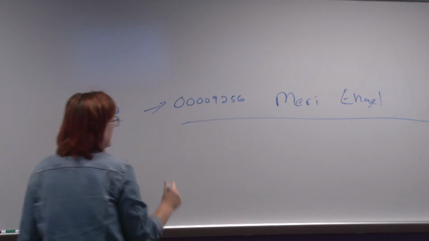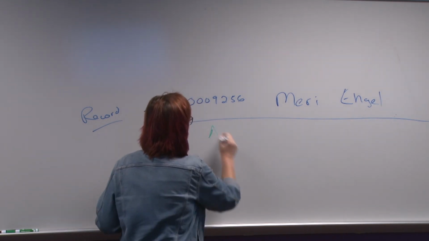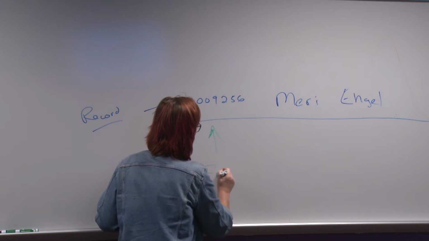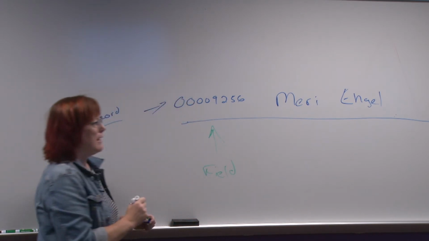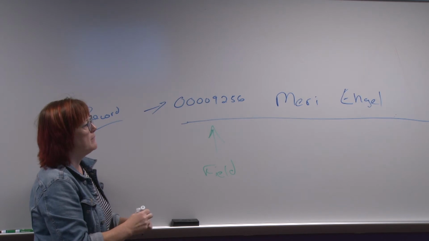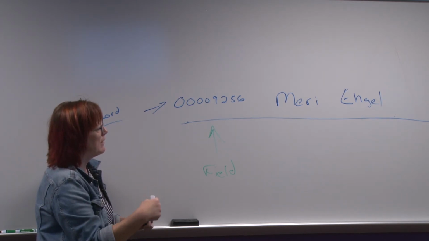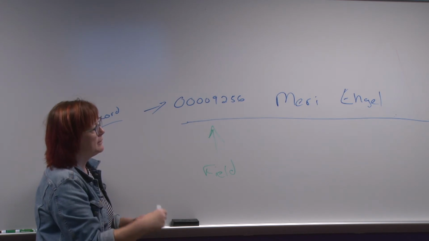That's the whole thing. Each individual piece of the data would be a field. You typically have to write one field after the other, or read in from one field after the other, until the record is complete.